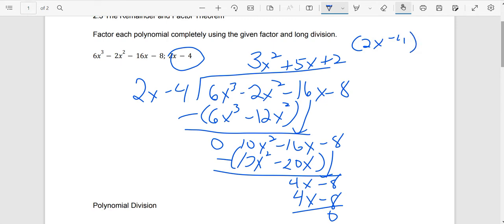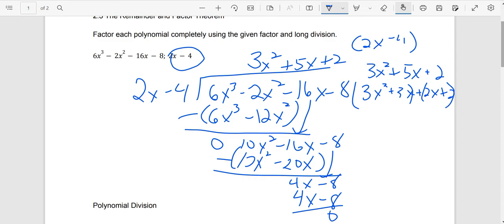So we're at the point now we can simply do our AC method to finish factoring. A times C is 6 in this case. What factors of 6 add up to 5x? That will be 3 and 2. So I'm going to substitute in 3x plus 2x plus 2, group, and then factor out 3x from the first group and factor out 2 from the second.